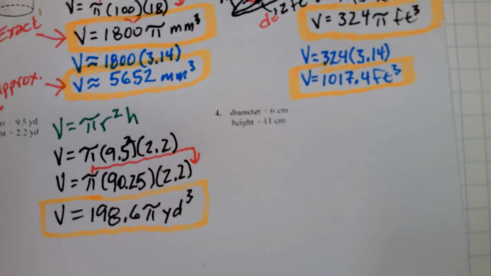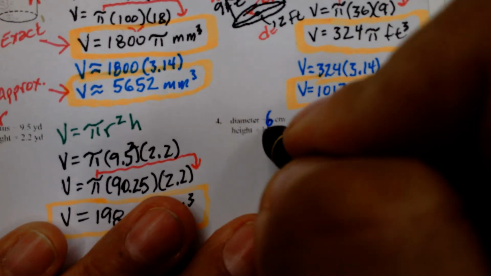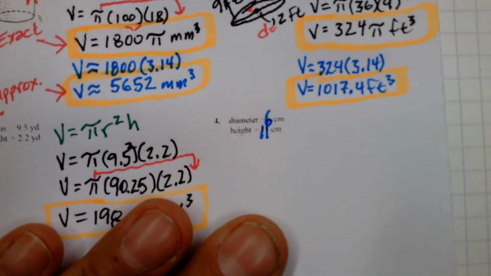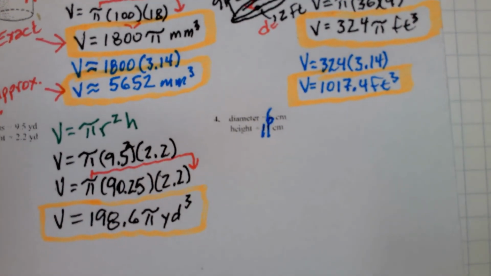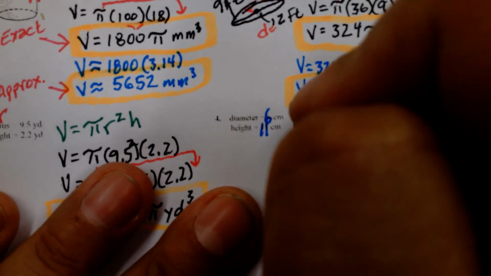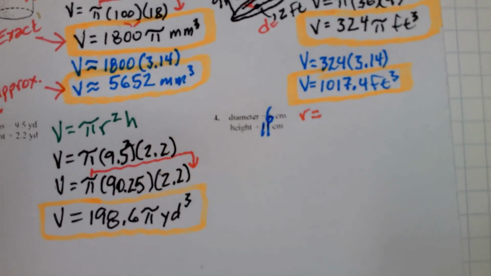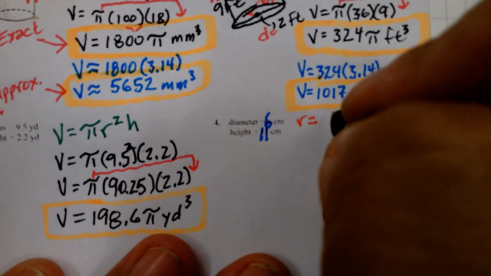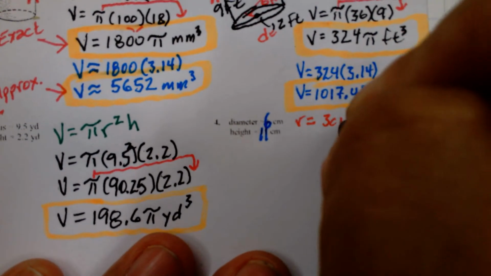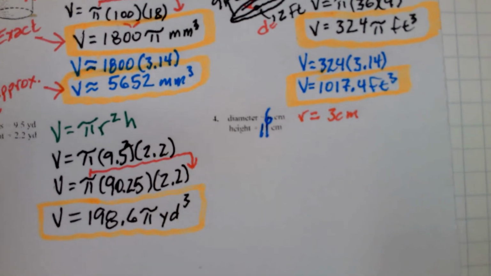So for number 4, can everyone read those numbers? This is 6 centimeters and this is 11 centimeters. 6 and 11. However, they give us a diameter. I don't want a diameter, I want a radius. So what's the radius going to be if the diameter is 6 centimeters? 3. Half of that. So let's use the radius of 3 centimeters and a height of 11.